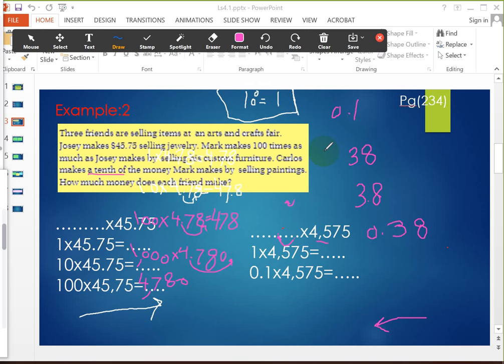If I said hundredth without any number, that means 0.01. If I said thousandth without any number, that means 0.001. If I didn't mention a number, just tenth, that means you have 0.1. Okay?